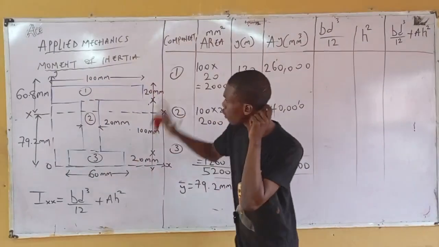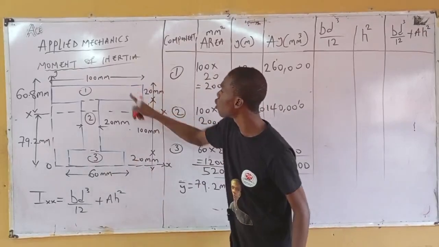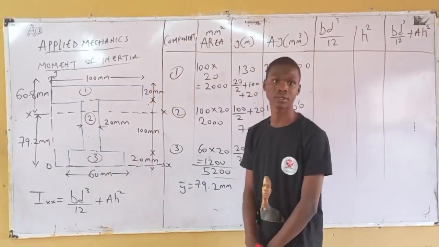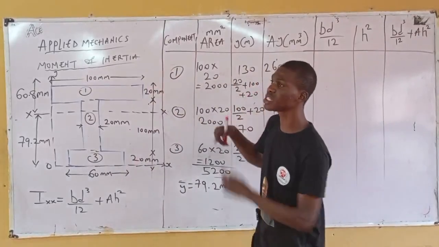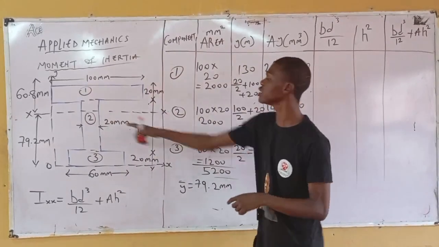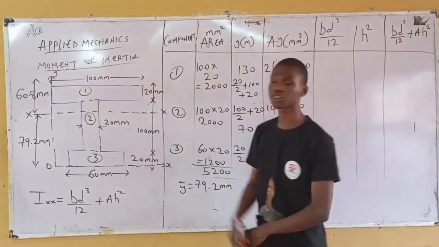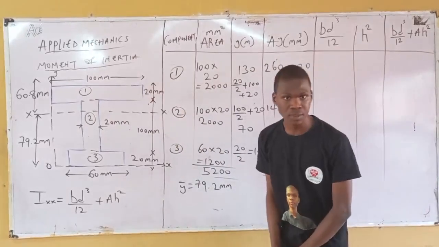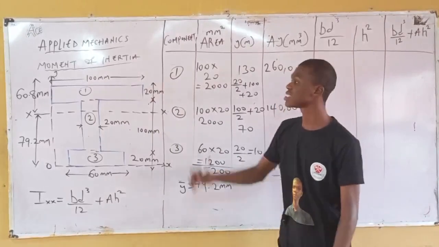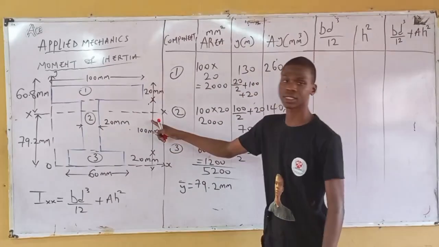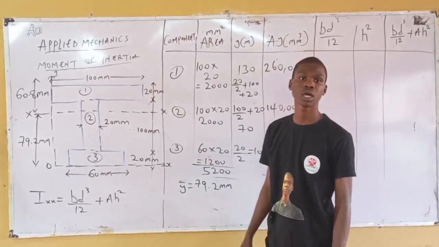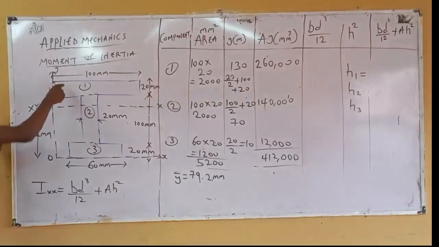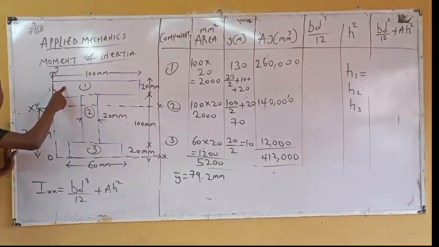To get the H of each component, for component 1, what is the centroid you've calculated? 130. The difference between the centroid and this neutral axis will give you the value of H of component 1. You already know that the centroid of this guy is 130.